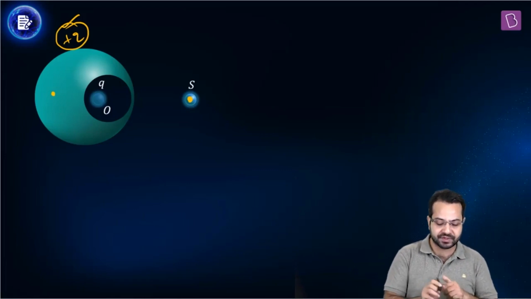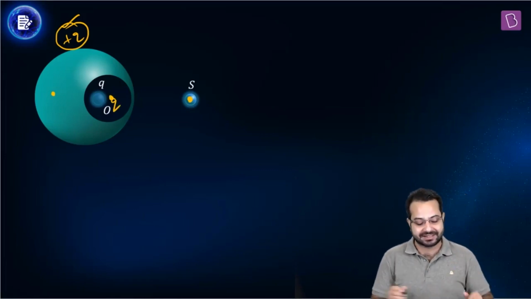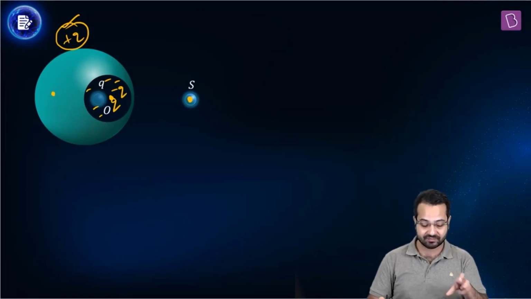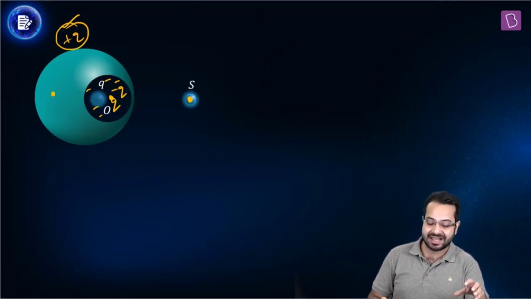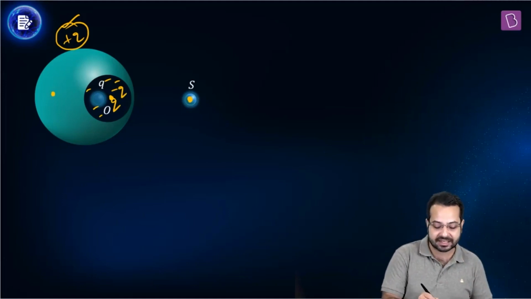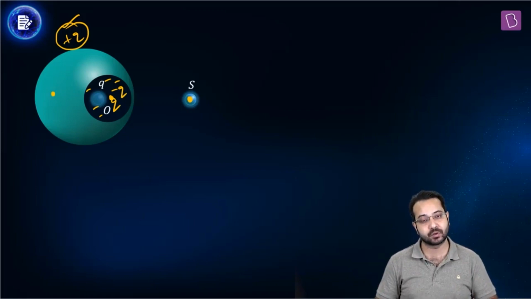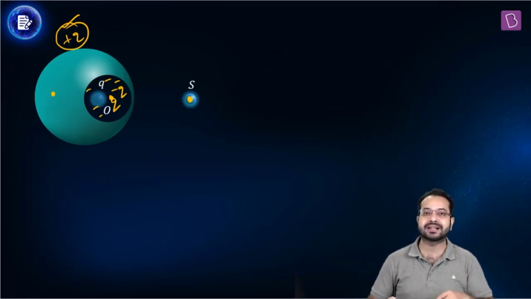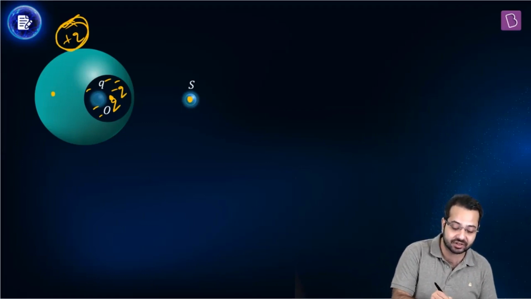Now if we move this charge a bit, let's say we move this charge q a bit, then the charge on the inner surface of the conductor is going to change such that the field inside the conductor becomes zero again, and still the field at an external point due to internal charges is going to be zero because internal charges have no effect outside. So the field at S is still going to be because of the external charges only.